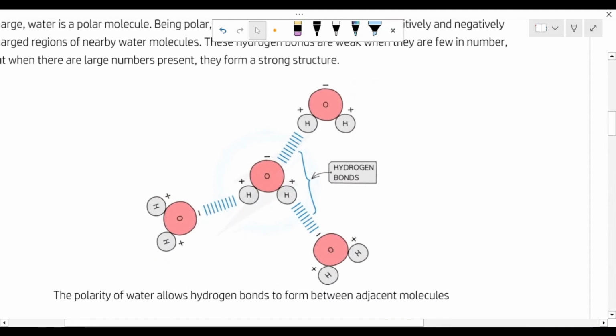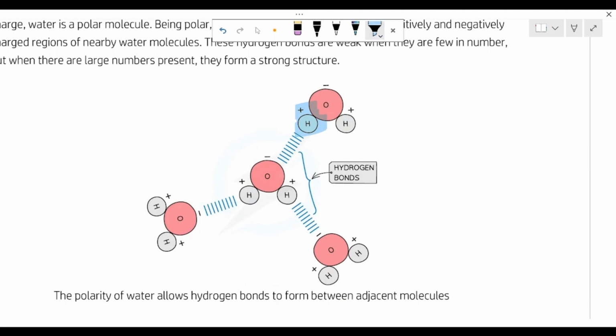So what you'll have, as in this diagram, is a partial positive hydrogen here, forming a hydrogen bond with a partial negative oxygen here. So water is able to form hydrogen bonds with adjacent molecules because of its polarity. Now, when these hydrogen bonds are present in large numbers, they form a very strong structure.